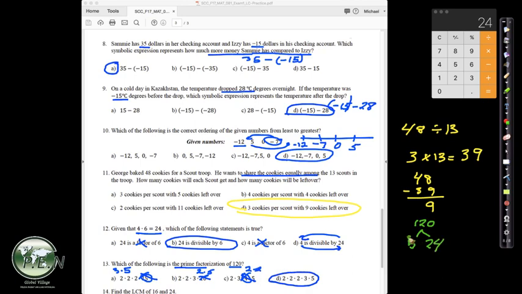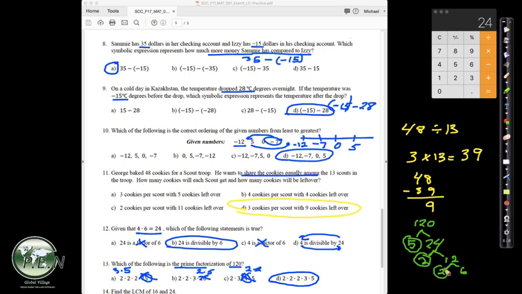Now, remembering from my list of primes, 5 is prime, so I'm done with that one. 24 can be broken down further. Two things that go into 24. Well, let's just start with 2, because if we always use a prime, we know we end up with 1. 2 goes into 24 12 times, so that's prime. 12 can be broken down into 2 and 6.